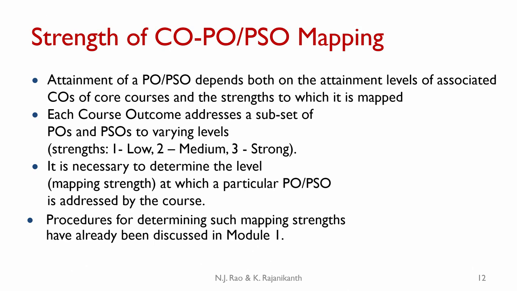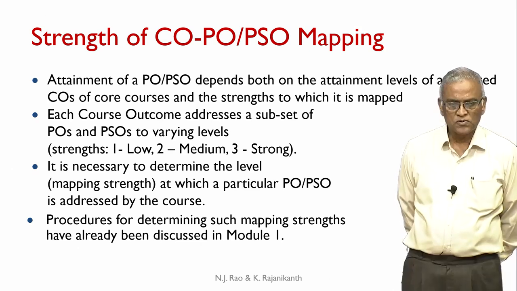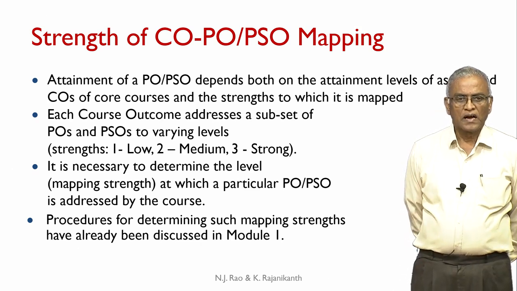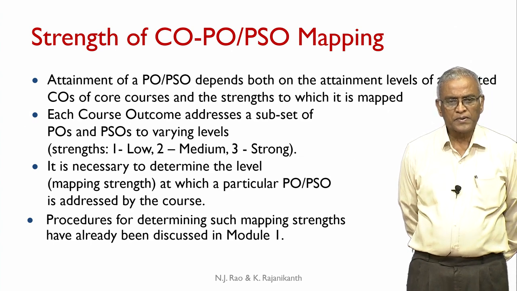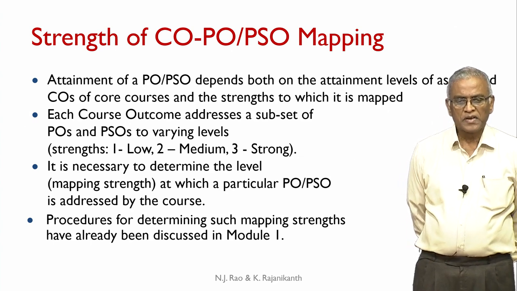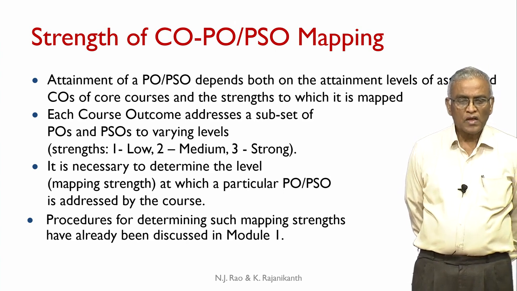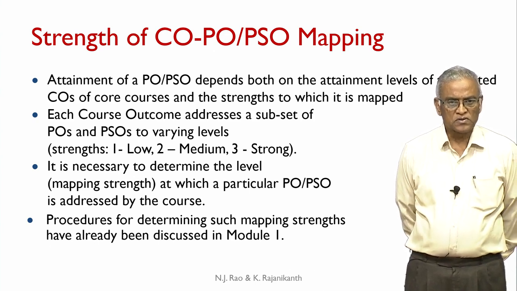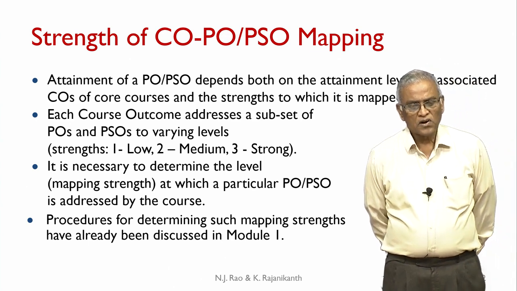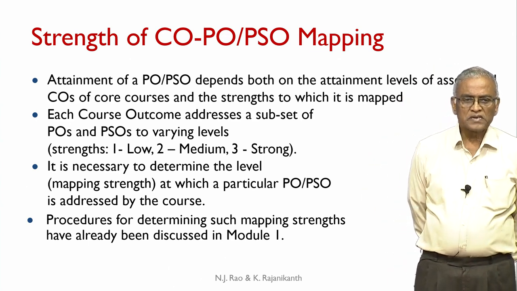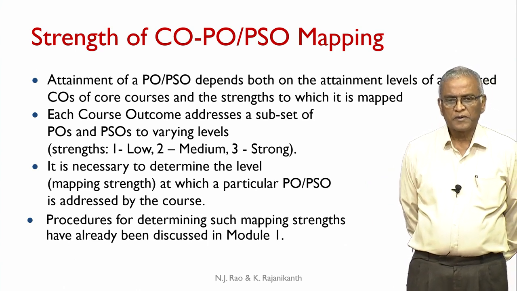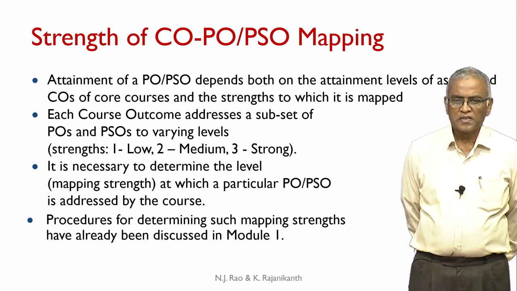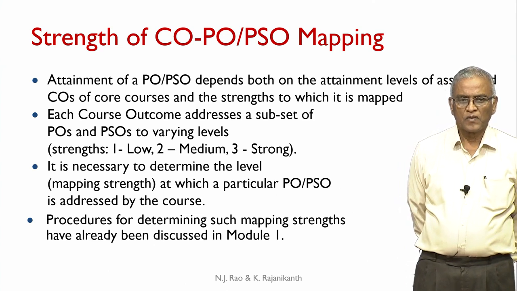Each course outcome addresses a subset of POs and PSOs to varying levels, and the strengths are mapped as 1, 2, 3: low, medium and strong. You also need to determine the level at which a particular PO or PSO is addressed by the course, and that is called mapping strength. We have presented some procedures for determining such mapping strengths in module 1. Okay, we are going to just follow that.